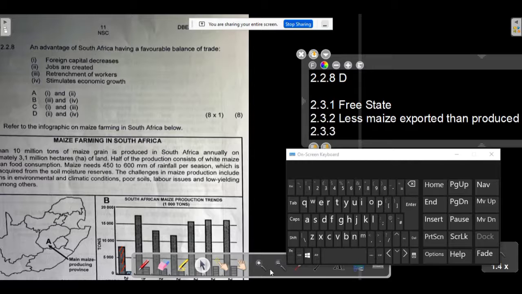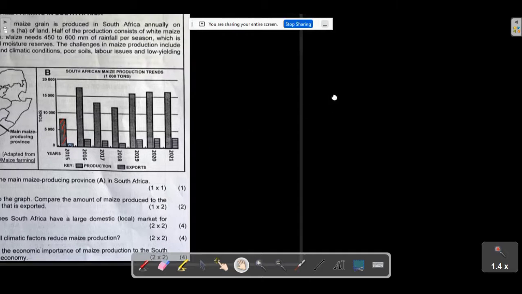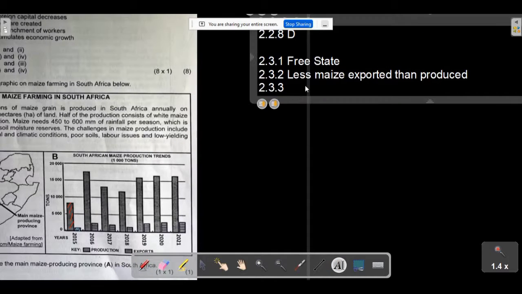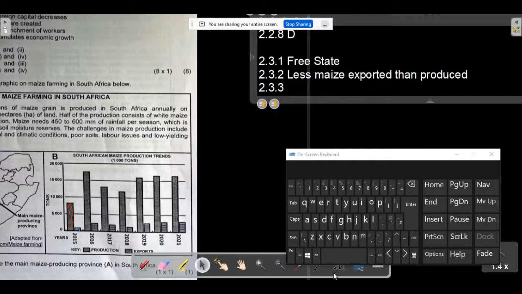Let's move on to the next question. Why does South Africa have a large domestic market for maize? There's a lot actually. So first of all, maize is a staple food in South Africa.